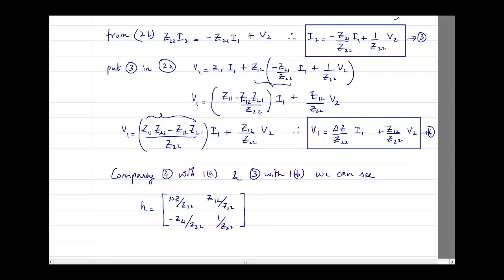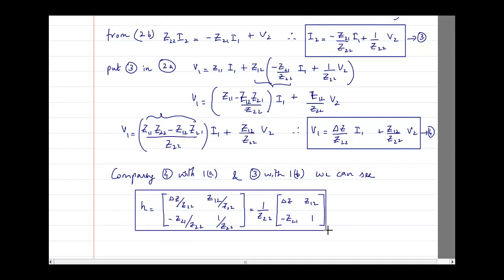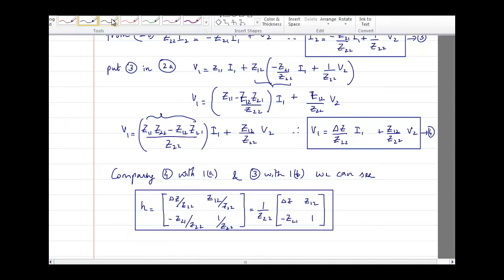Which now we can write as, by taking 1 by Z22 common, delta Z, Z12, minus Z21 and 1. So this is going to be my H parameter in terms of Z parameter, correct?